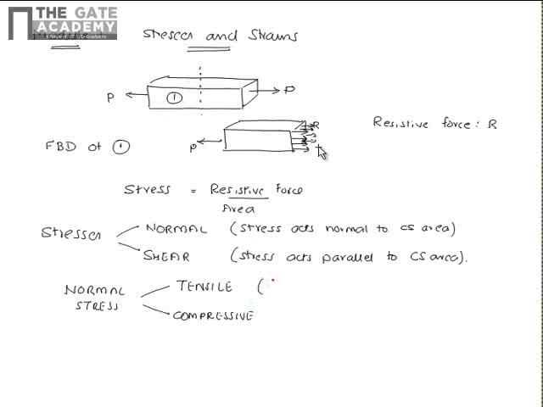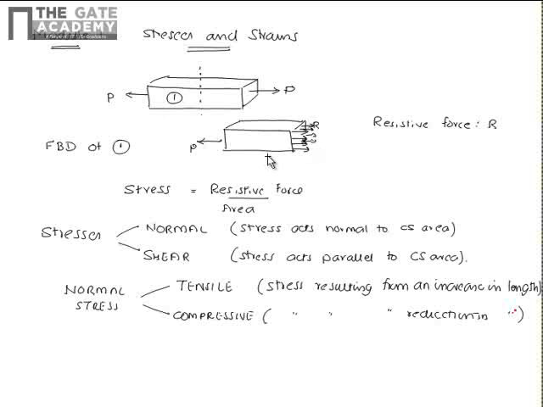Tensile stress is a stress resulting from an increase in length, and the stress resulting from a reduction in length is called a compressive stress. So in this above case, the stress coming is tensile stress because it is trying to elongate the specimen. Therefore this stress is a tensile normal stress.